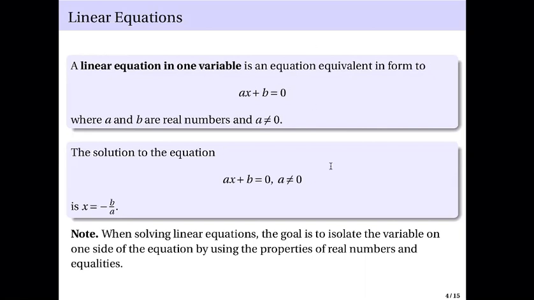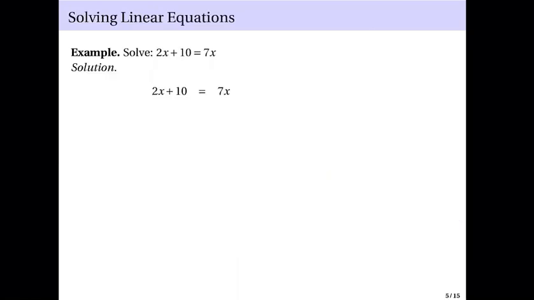So let us work on these examples. First example, we want to solve 2x plus 10 equals 7x. This is not in the form ax plus b equals 0. We have some linear expression on the left and some linear expression on the right.